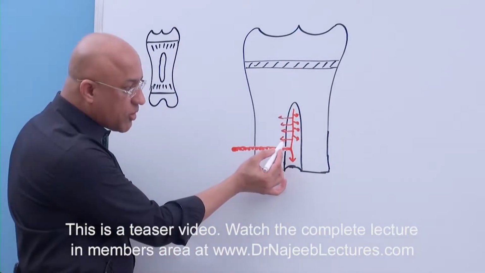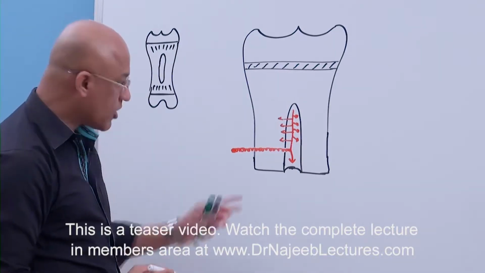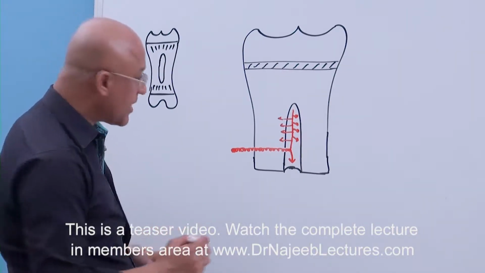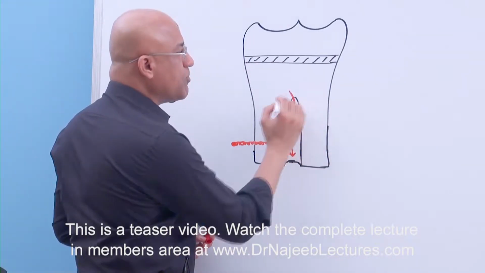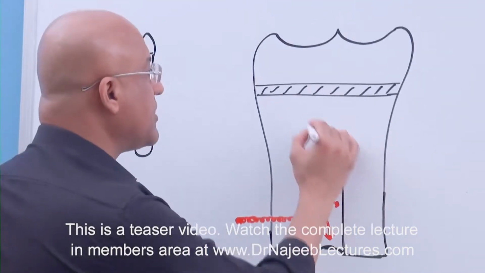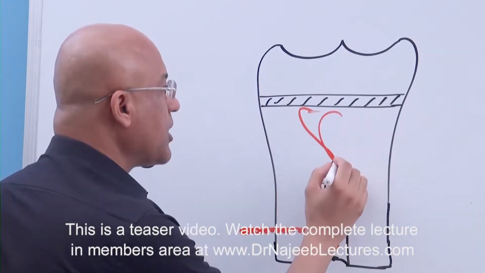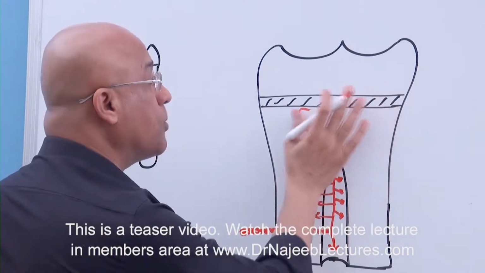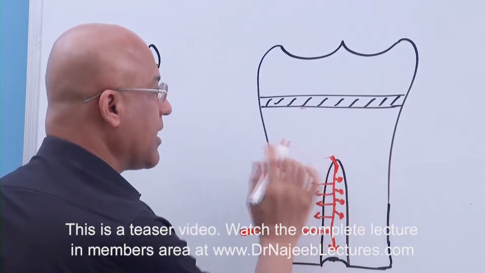And these vessels will supply the inner two-thirds of the cortical bone, right? Then this vessel will go upward and give metaphyseal branches, and these metaphyseal branches will make multiple hairpin turn loops, a special type of loops. I must draw them more clearly.